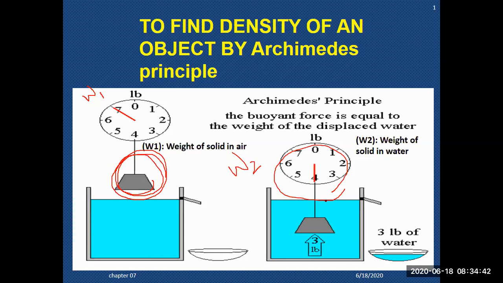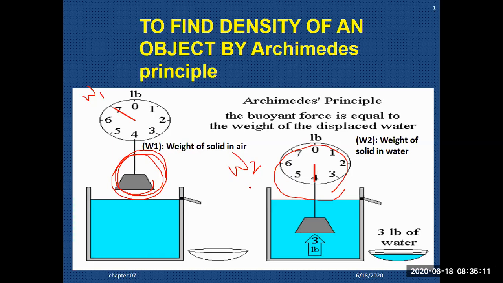But if you move it inside water, the water molecules are very close to each other, and these water molecules will be displaced, resulting in an increase in the upthrust. So with the increase of the upthrust as compared to air, the weight of the block will reduce. This is the simplest type of experiment performed to calculate the density of any object.